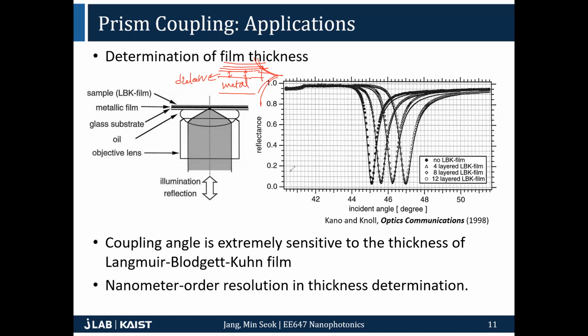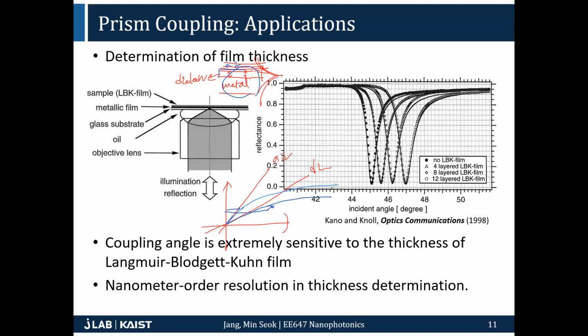If you remember, let's say this is the air light line, and this is the dielectric light line, and the surface plasmon associated with the air metal interface looks like this, and the air dielectric interface looks like this. In this case, where you have a metal, dielectric, air type of structure, the propagation constant of plasmons is in between these two.